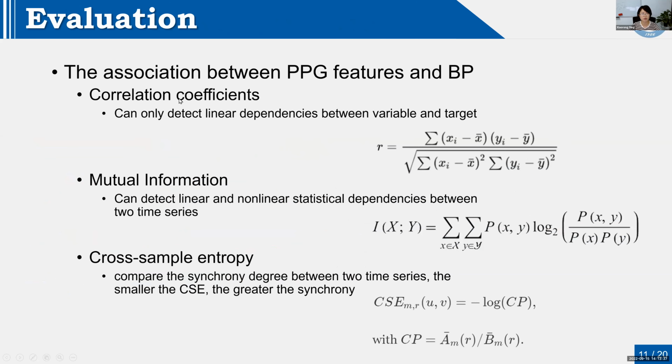Then we evaluated the relationship between the PPG features and the blood pressure with 3 methods: the correlation coefficient, the mutual information, and the cross-sample entropy. These methods can evaluate the relationships whether linear or nonlinear, and also compare the synchronization between these 2 time series.